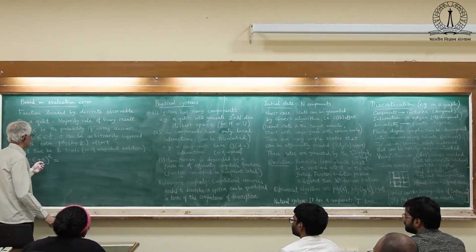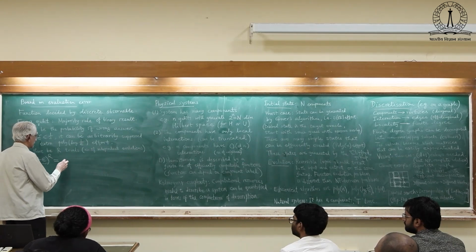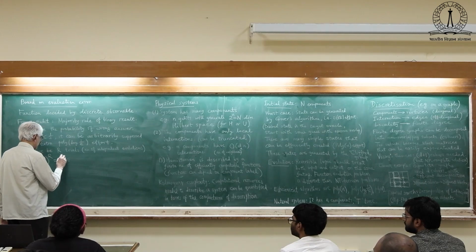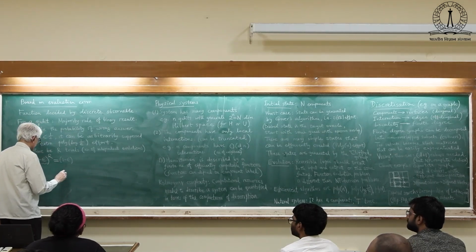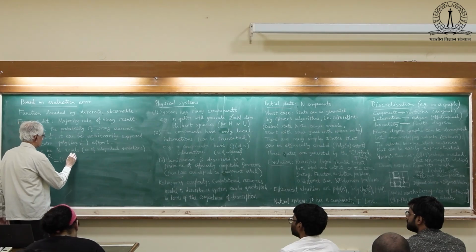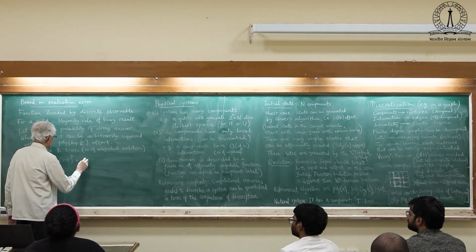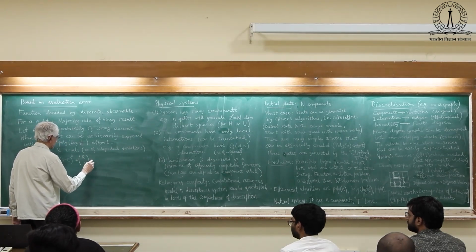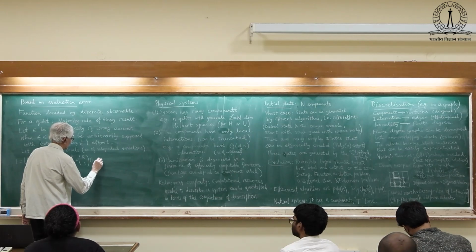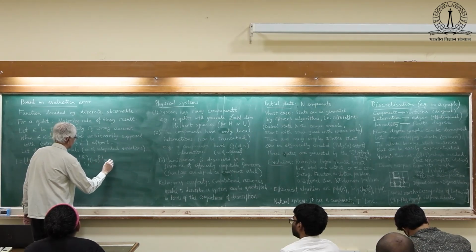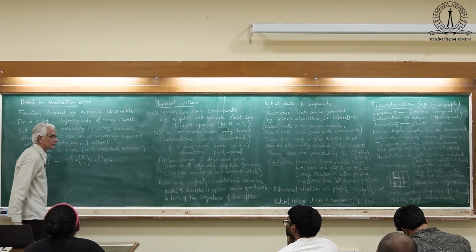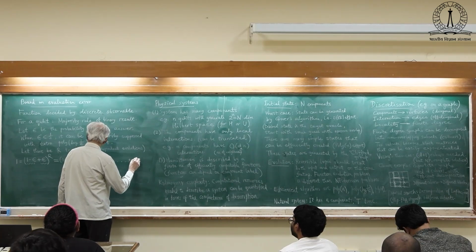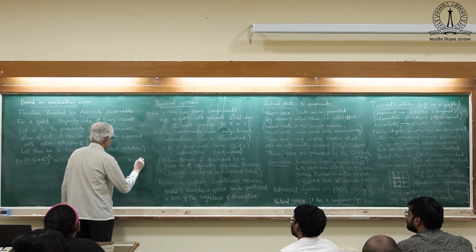And then I can perform a binomial expansion, which starts with 1 minus epsilon raised to the largest power, plus this binomial coefficient, going all the way till the last binomial coefficient, which will again be 1.